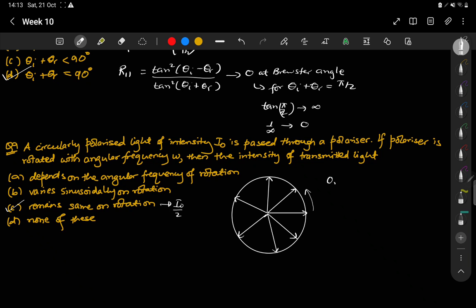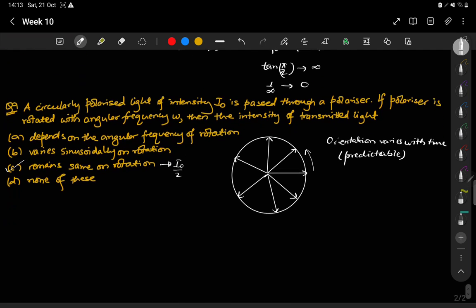So the orientation varies with time. And the difference is that this variation with time is predictable. If I know the orientation at t equal to 0, then at t equal to t, I can predict the orientation based on the angular velocity.